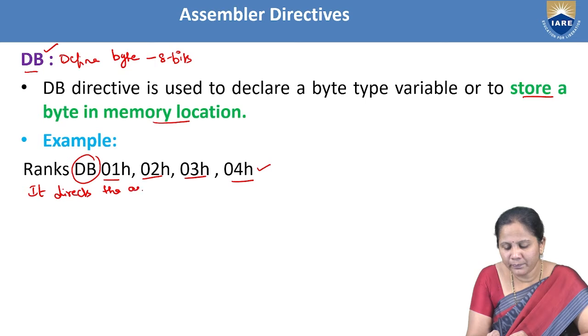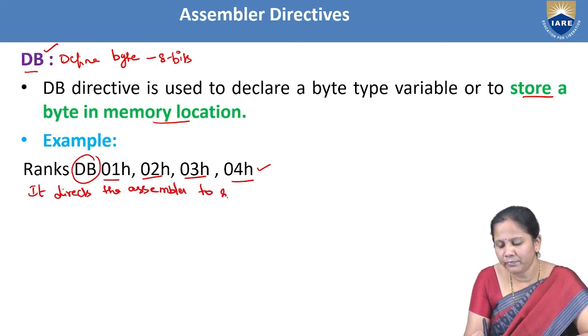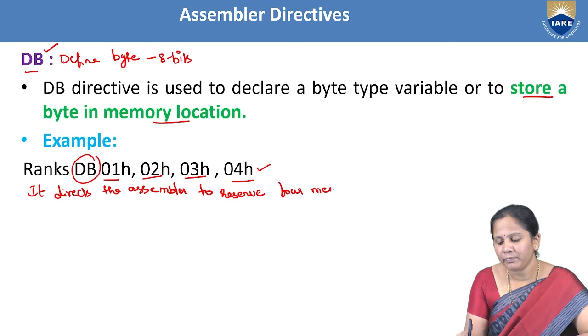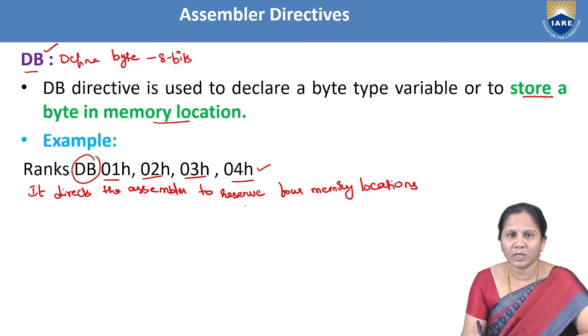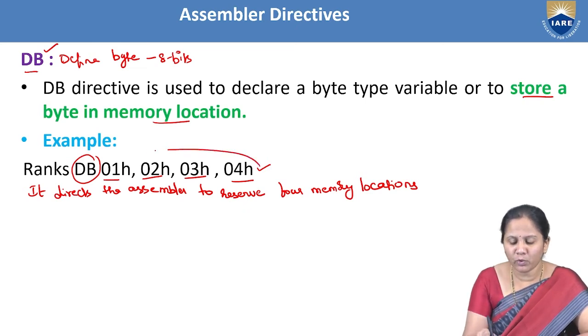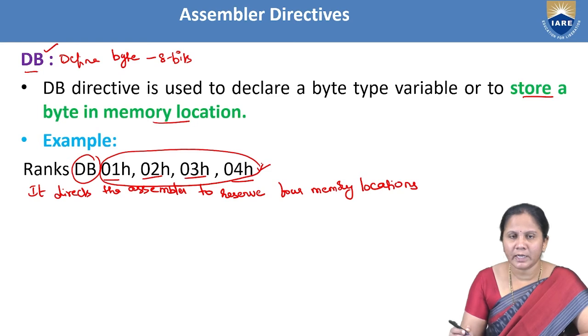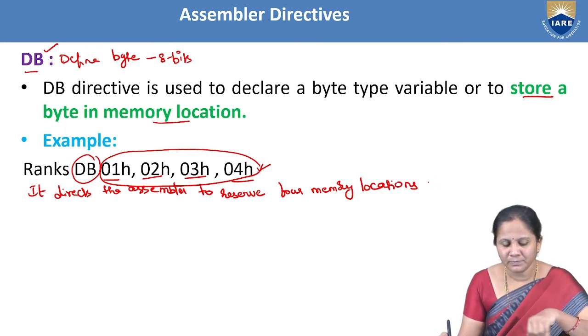It directs the assembler to reserve 4 memory locations. Why only 4 memory locations? Because here only 4 numbers have been declared, so it is going to reserve only 4 memory locations.